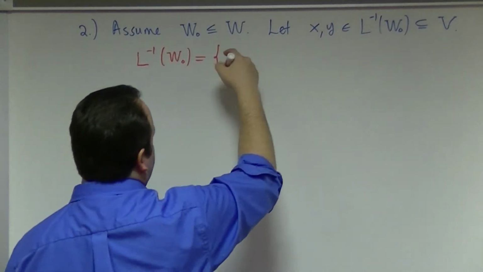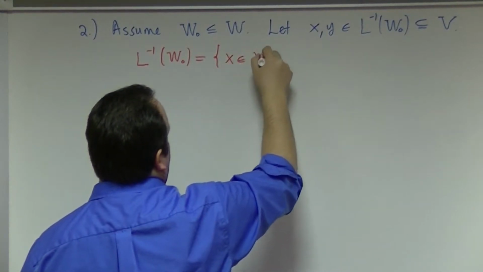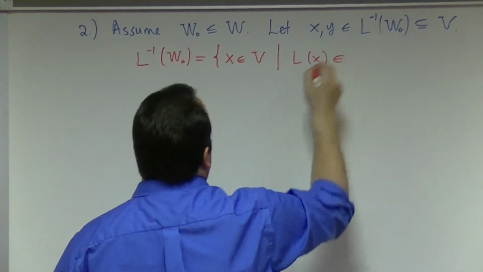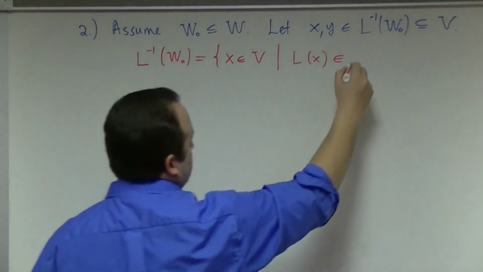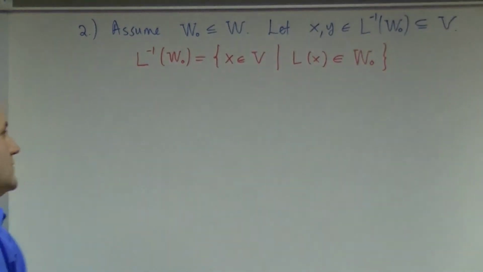This is the set of x in V such that L of x is in W naught. So that's the set of points in the domain whose images fall in W naught. That's the definition of inverse image.